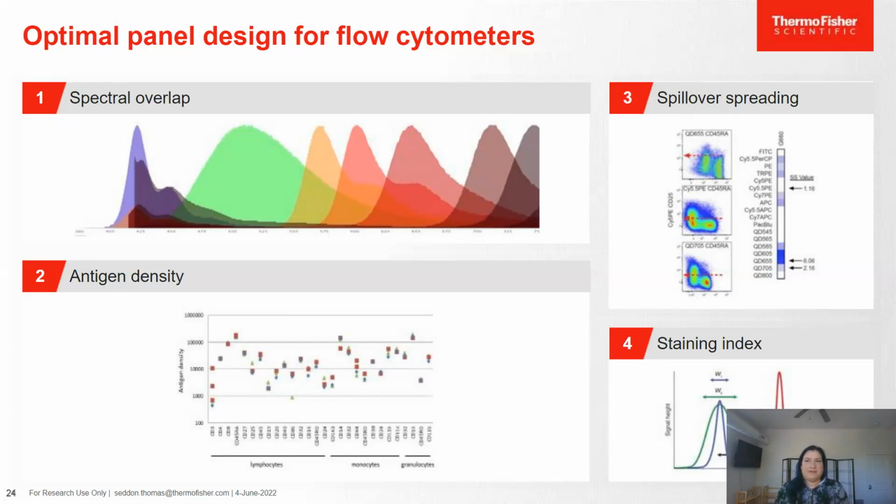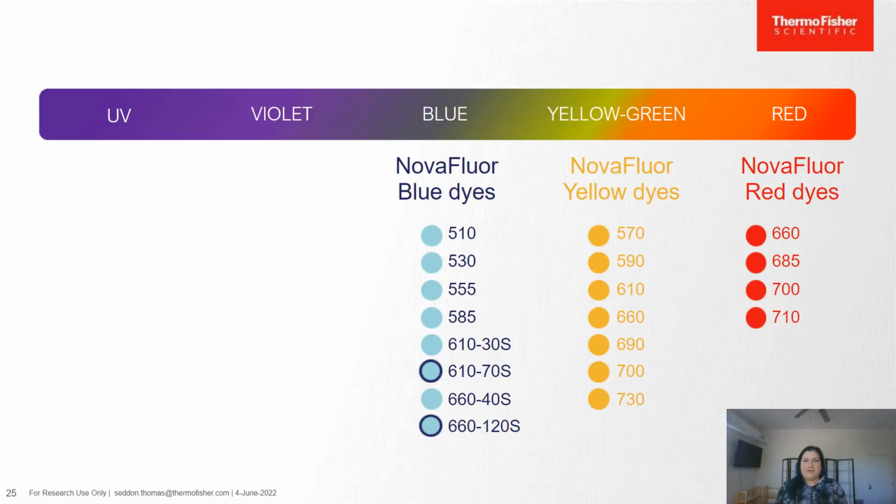So, do you have something that's bright enough to match a lower expressed antigen, or something a little dimmer for an antigen that's more highly expressed? And then there's the spillover spreading, which I discussed before, and again, matching that staining index to the antigen density. This is showing you the NovaFluor dyes that we've released thus far.